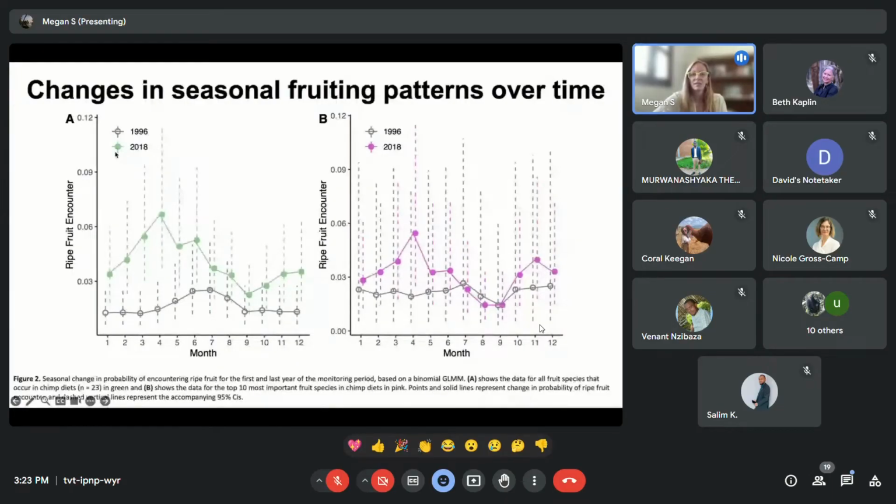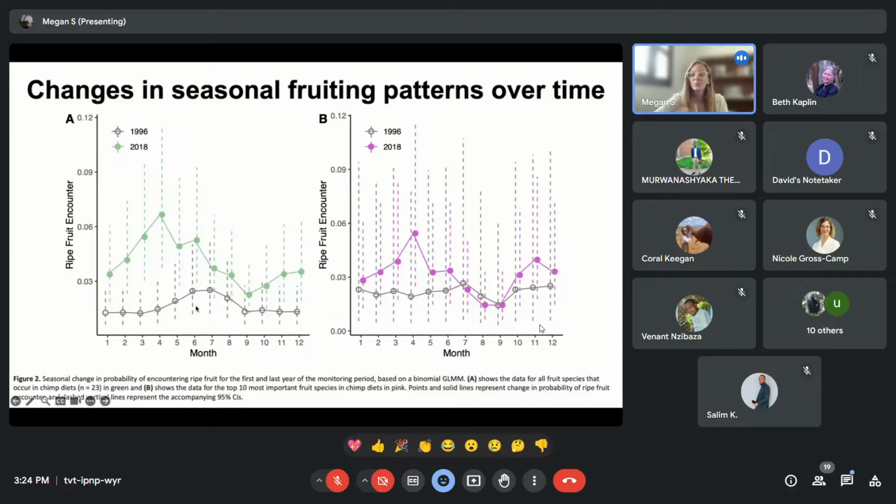The 1996 data shows this nice fruiting peak in June and July, while 2018 shows a fruiting peak in April. And this is pretty interesting because the data from 1996 shows that there's this peak that is right smack dab in the middle of the dry season.